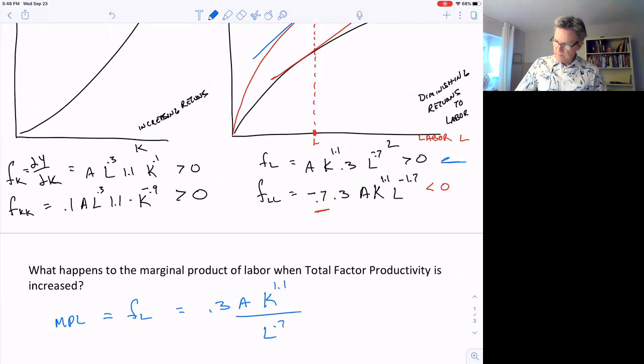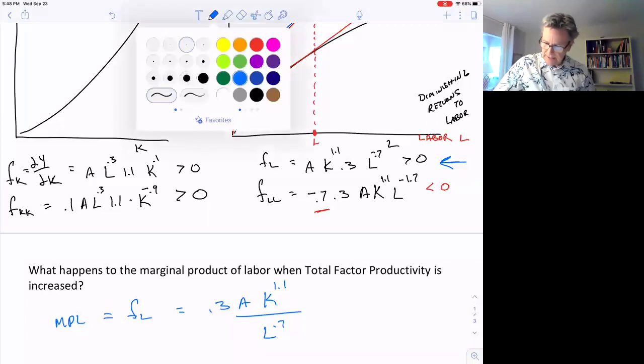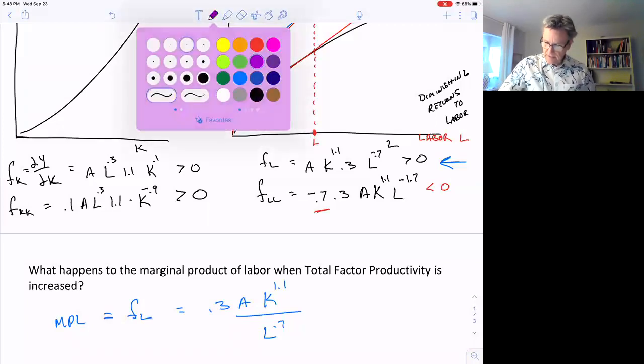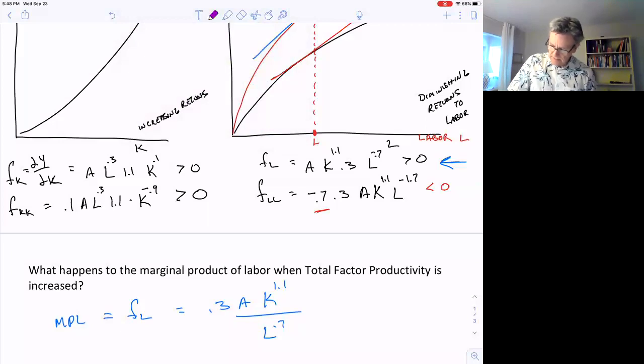That would be right up here. That's our marginal product of labor. And you can see what happens is as A increases, the numerator increases, and the whole term increases. Meaning as we add A, the marginal product of labor increases, or the slope of that line increases.